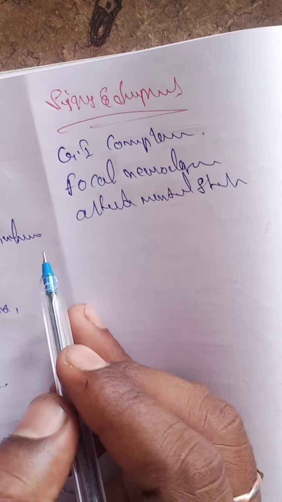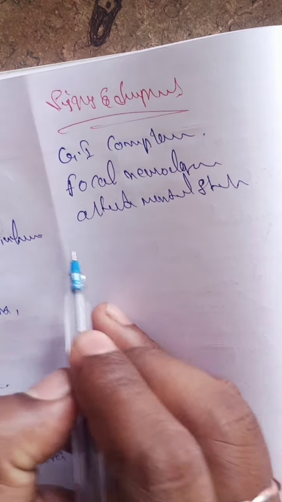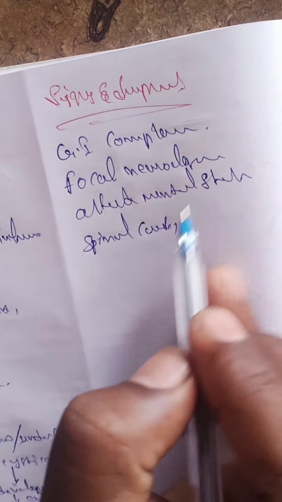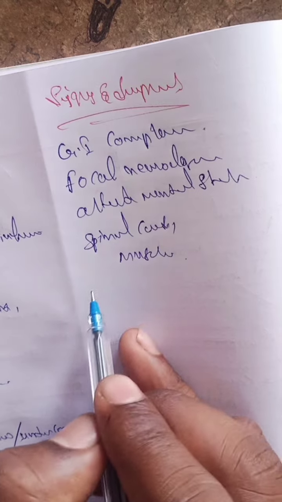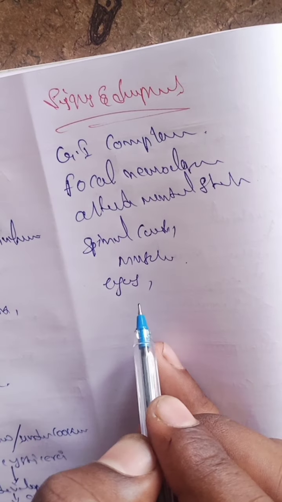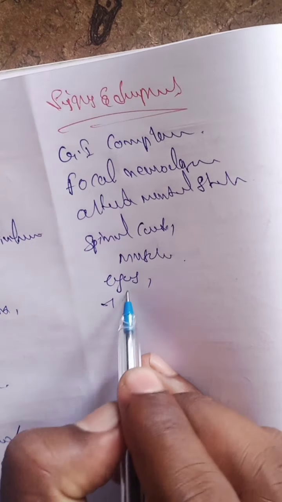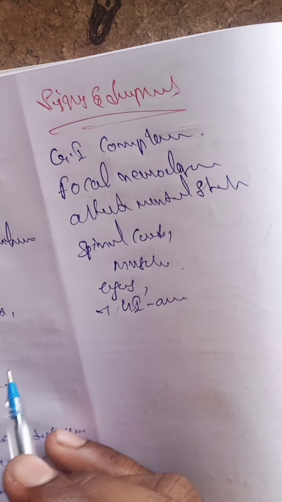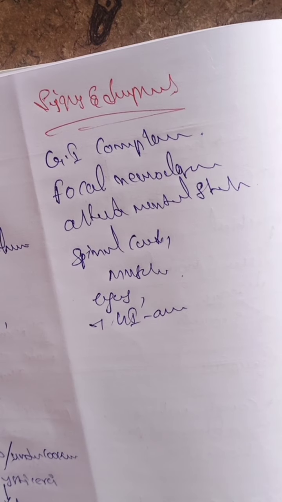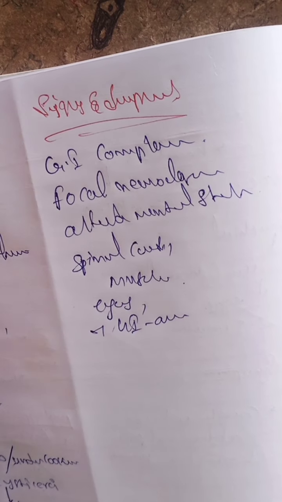It may also infect the spinal cord, muscle and eyes, and there can be GI obstruction, meaning vomiting and diarrhea. These symptoms help identify Taenia solium.